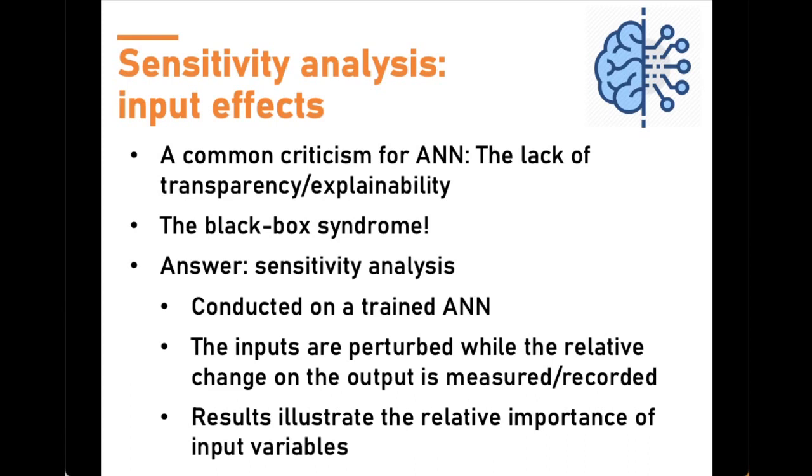The thing is that in some problems there exists a need to know what the network is doing. And in this context, different techniques have been applied to analyze and evaluate trained neural networks.